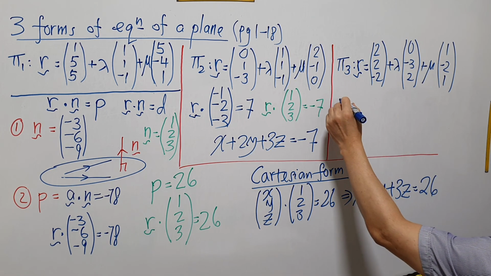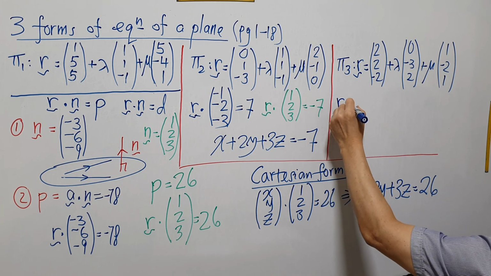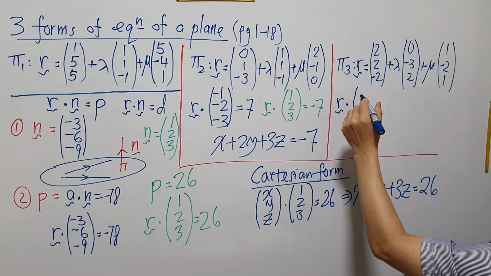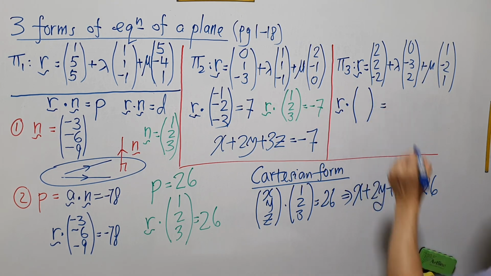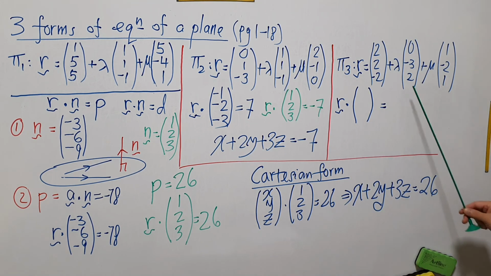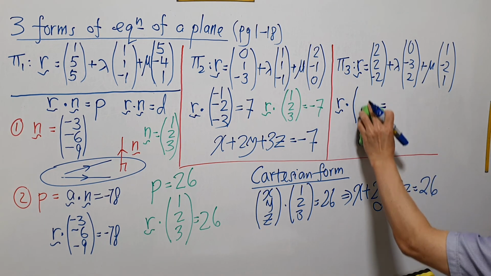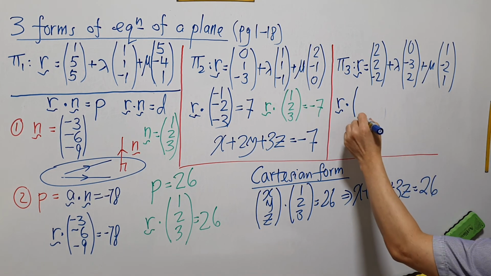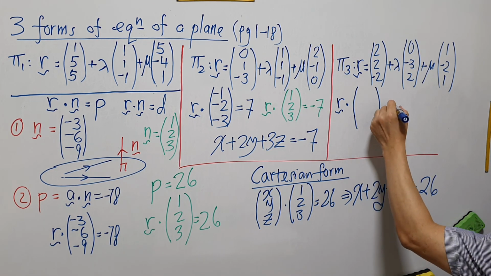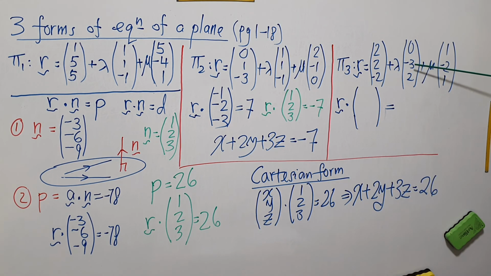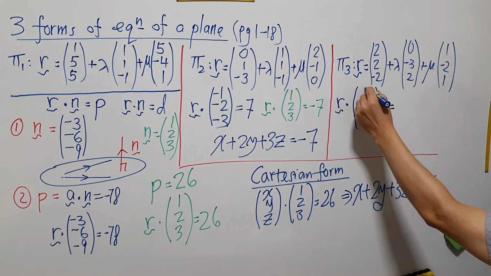Likewise, I can find the equation of the third plane. Again, I want to cross product these two vectors. Cover the first row, what do you have? -3 plus 4, so it's a 1.